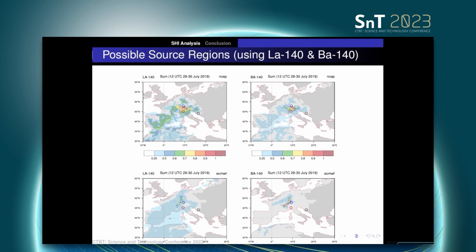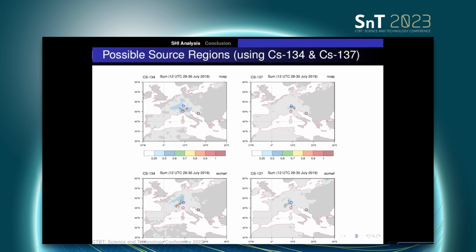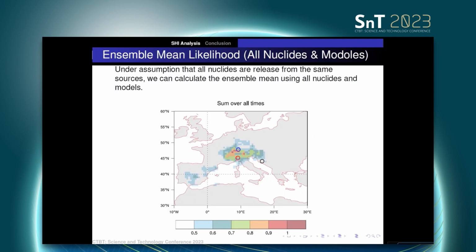For example, for barium 140, we have two solutions lying in the domain of high probability density function for NCEP, while for the same nuclide using ECMWF, only one source, the north source, is detected. We have differences also when using cesium. So different isotopes give different solutions. So it's very important to make a summation or ensemble mean of all these likelihood functions to get the source, as you can see. That's our solution.